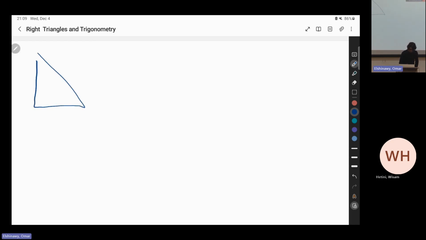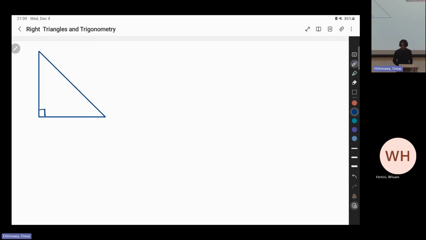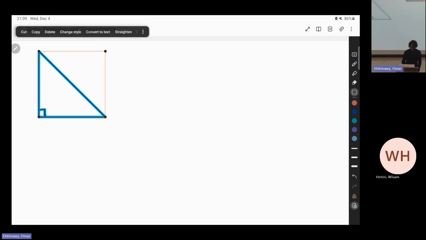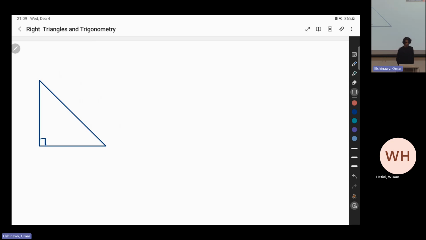Very interested in right angle triangles. And rightfully so. They are somewhat interesting objects, at least for the time. At the time, this was very, very advanced, cutting edge research.